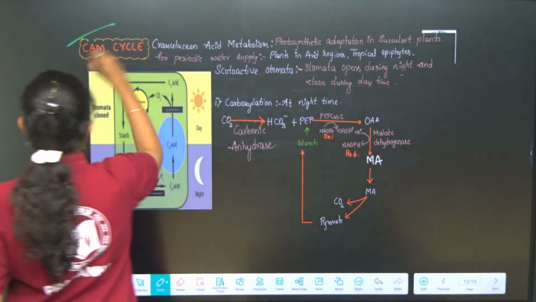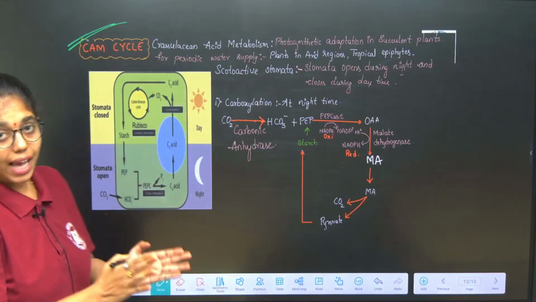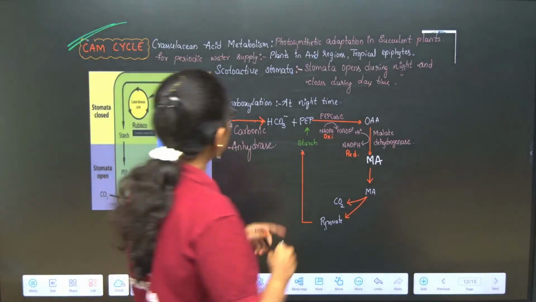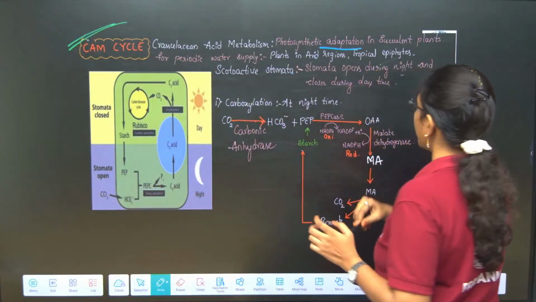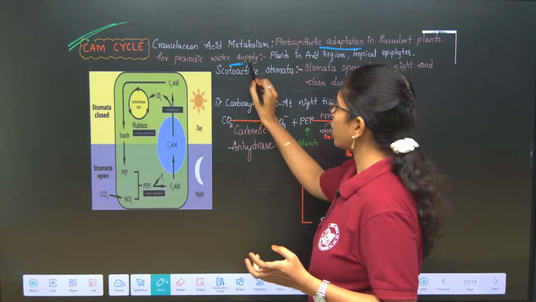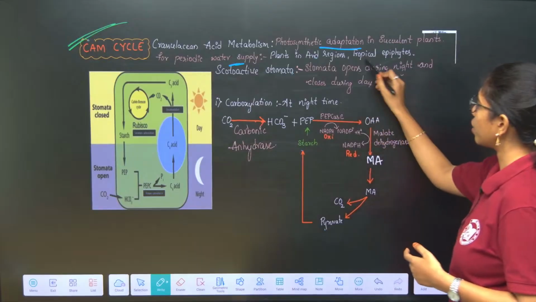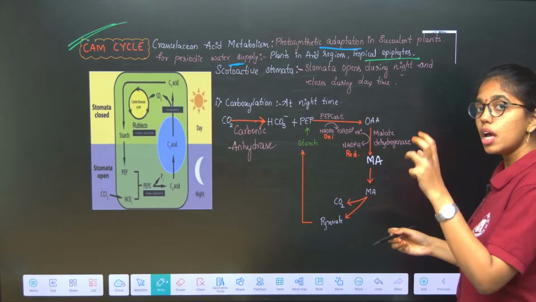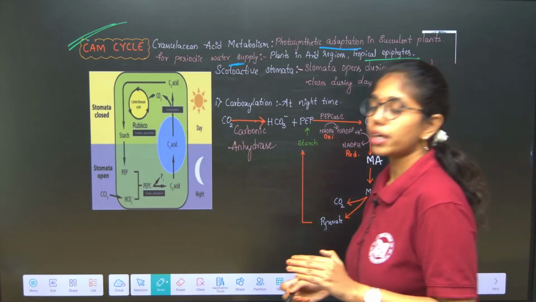Here you see the CAM cycle, crassulacean acid metabolism, a photosynthetic adaptation in succulent plants for periodic water supply, wherein plants in arid regions and tropical epiphytes have scotoactive stomata.